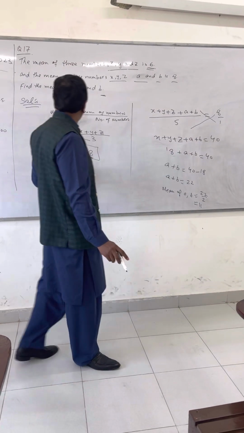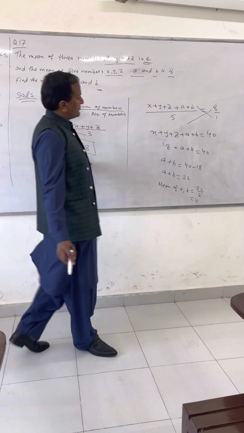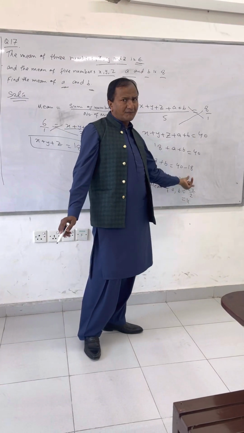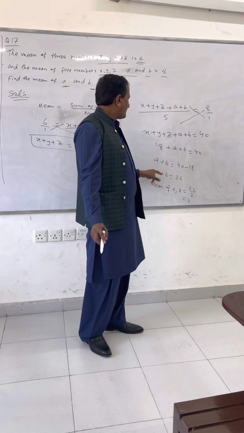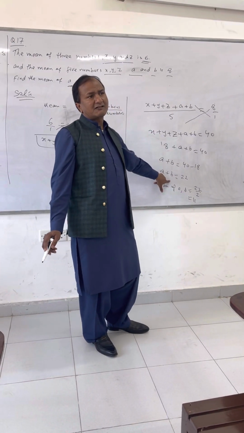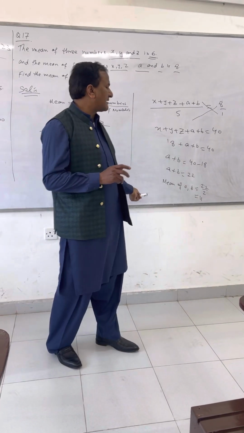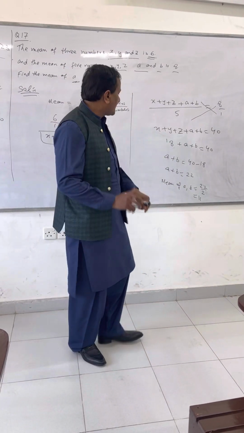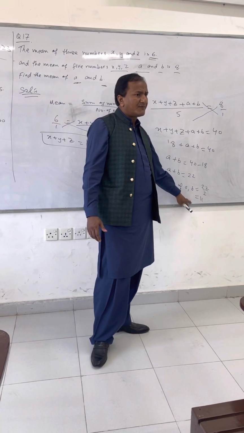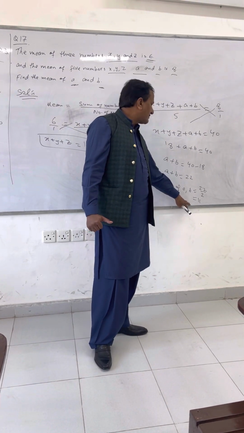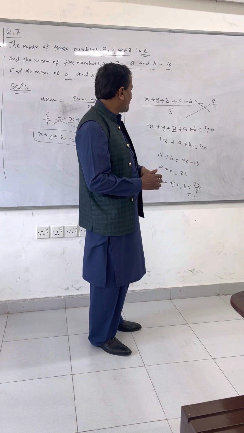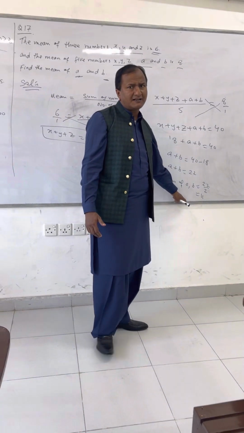The sum of the three numbers is given, that is 18. We subtract 18 from 40, it gives us 22. Because we have two numbers, we divide it by 2 to get the mean value of a and b. It means the mean is 11. The values of a and b can be different, but their mean value is 11.